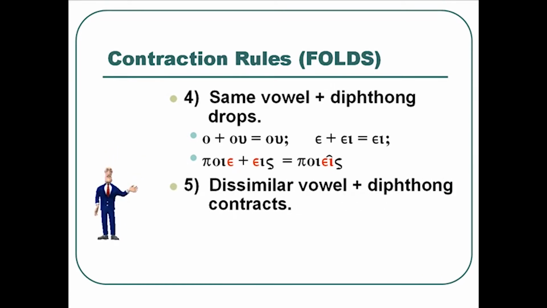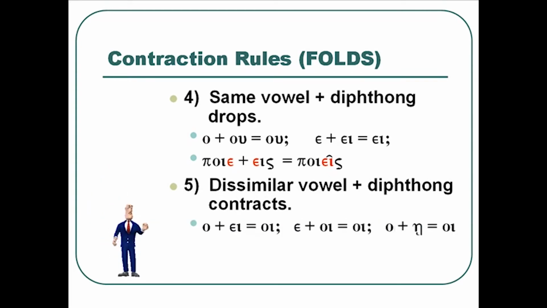Which leads to rule number 5, which says dissimilar vowel diphthongs contract. So, for example, you've got omicron plus a becomes oi, because O overcomes. Epsilon plus oi becomes oi as well, because again, omicron overcomes.